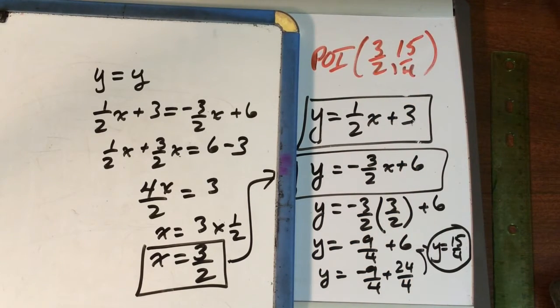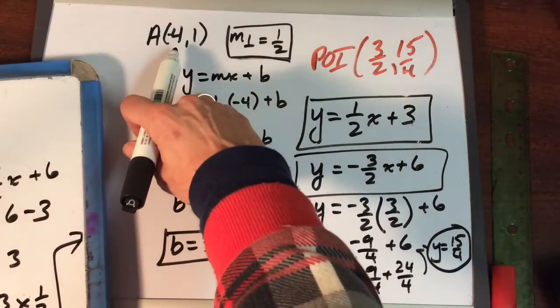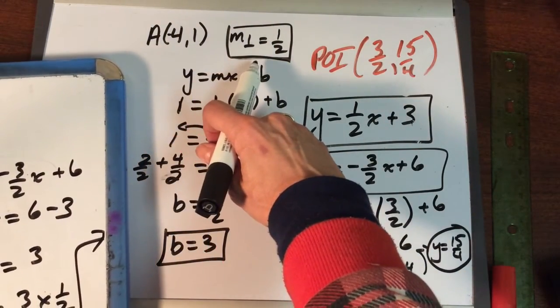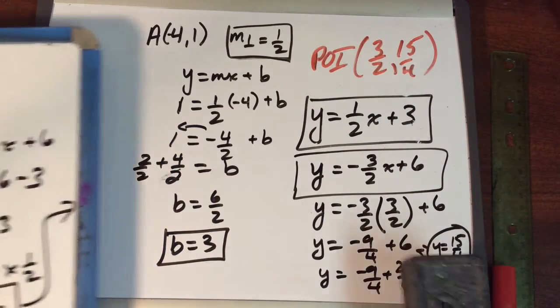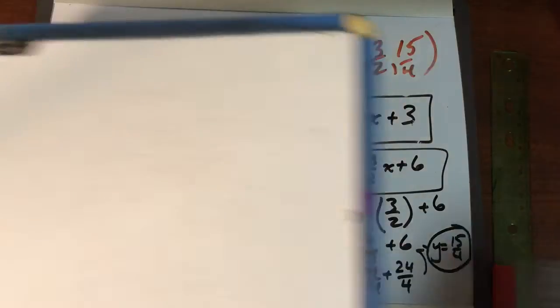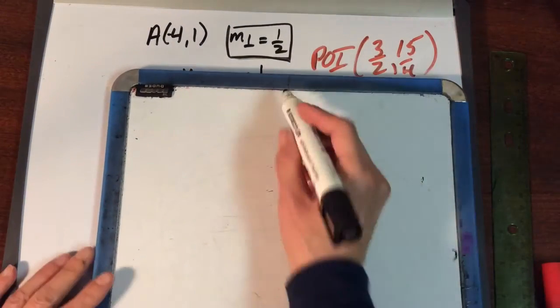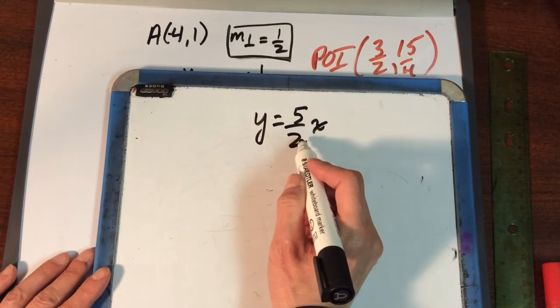Now the key here is to make sure that this will work with the third equation. The third equation, found by doing the same thing, using the perpendicular slope and the point, is y equals 5 over 2 x. This is the third altitude.